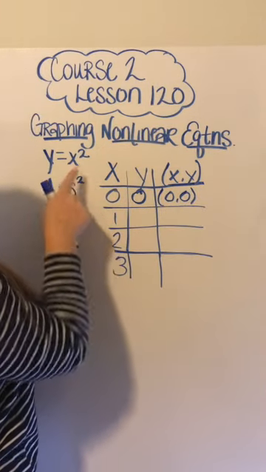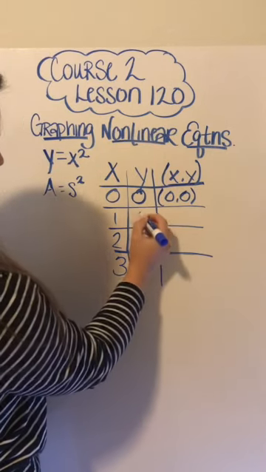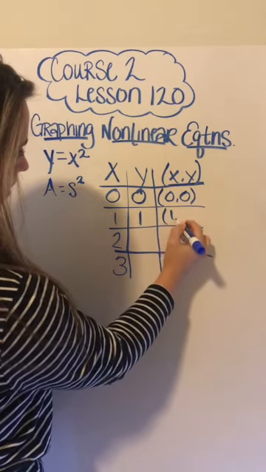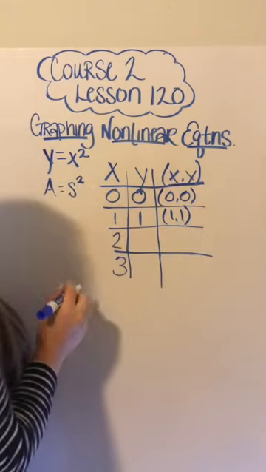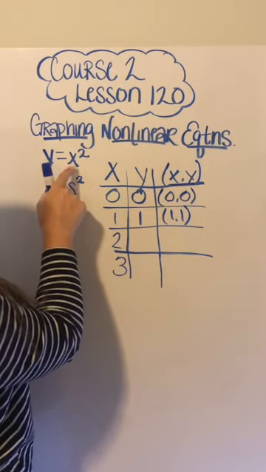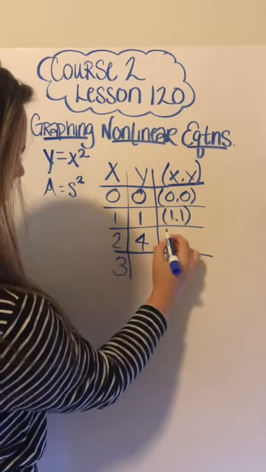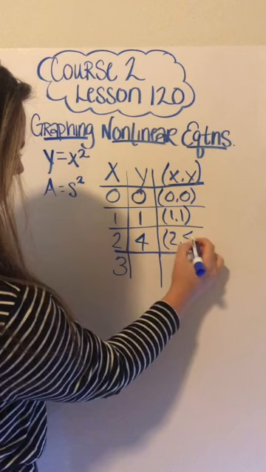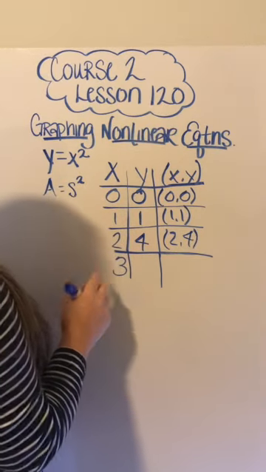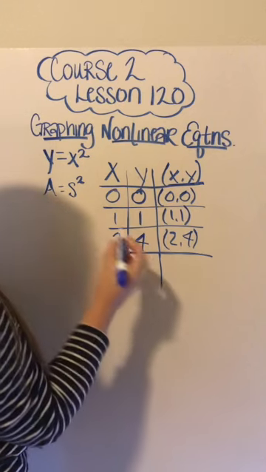When we plug 1 into this formula, 1 squared, we know is 1. So we have 1, 1. When we take 2 and plug it into our formula, we know that 2 squared gives us 4. And then lastly, we take 3, we plug it in up here, we know that 3 squared gives us 9.